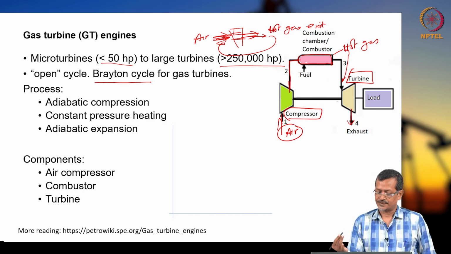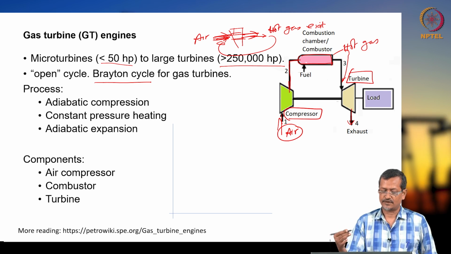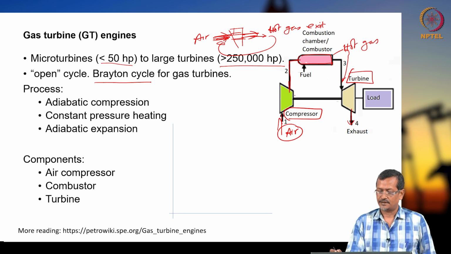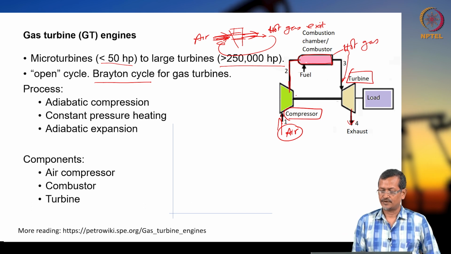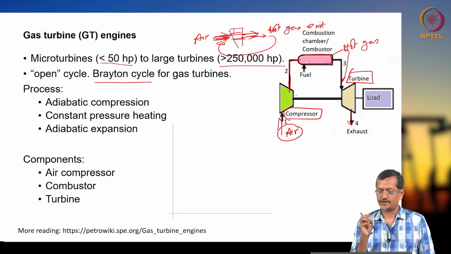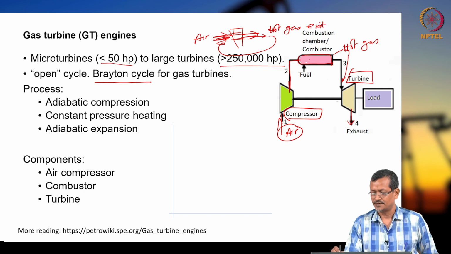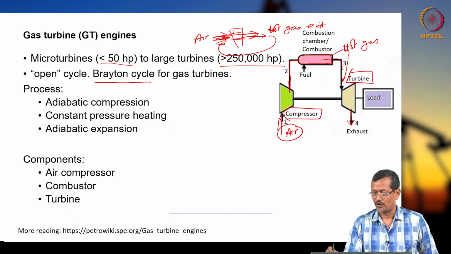Now, what is a compressor? It is not like a reciprocating compressor, it will be a centrifugal or axial type compressor. That compressor will be compressing air, because the combustion chamber needs a higher amount of air. So, to get a higher amount of air, you compress it and give compressed air into the combustion chamber or combustor. From there, the hot, high volume gas you pass through one turbine.